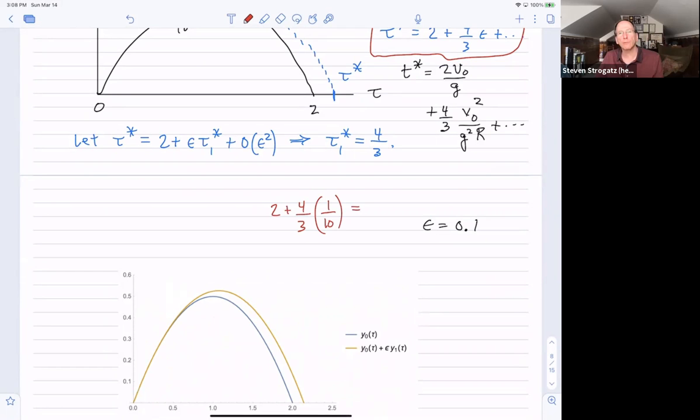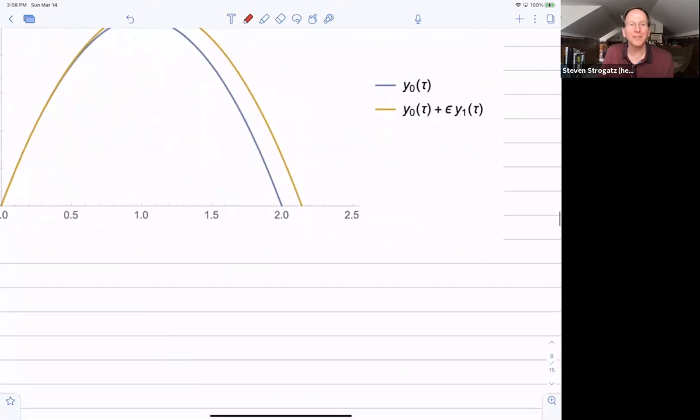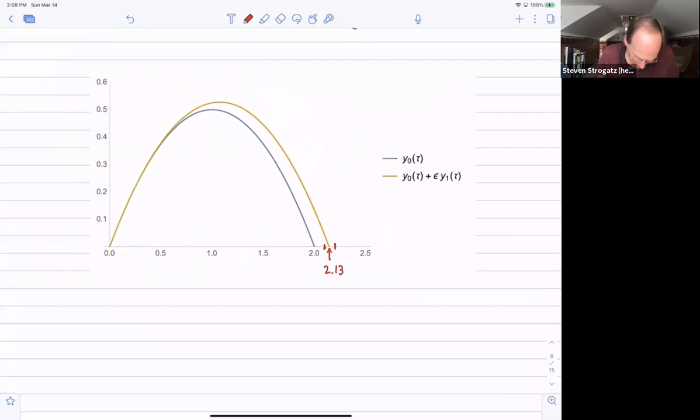That's 2 plus 2 over 15. That comes out to be around 2.13. I mention that because if you zoom in on this picture, you can see here's 2.1, here's 2.2. That's pretty close to 2.13. So perturbation theory is really working here as it should. Regular perturbation theory is telling us, like I say, the leading correction to the traditional problem. Okay, so maybe that's enough about that.